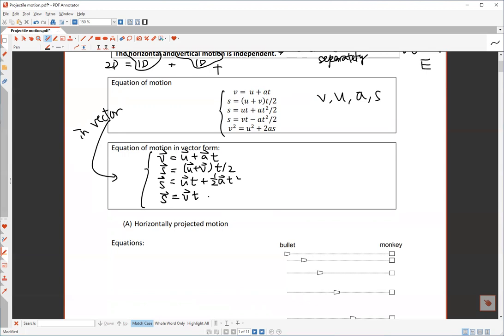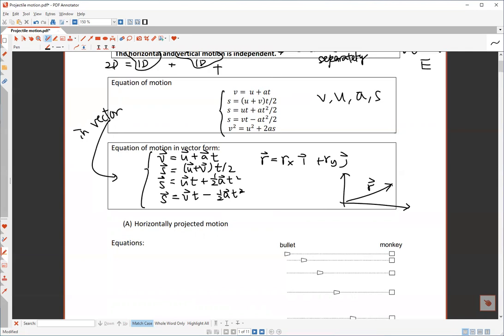Why do I need to write them in vector form? Because if I write them in vector form, then I have finished teaching this topic already. You just express everything in terms of i and j, because I hope you still remember that any vector can be written as something i plus something j. Let's say this is a vector r.